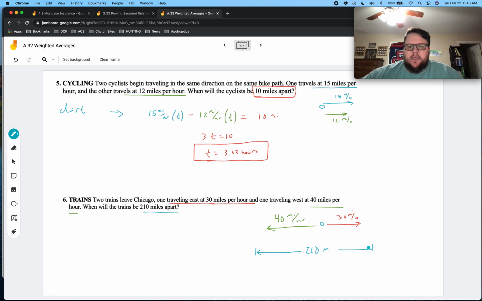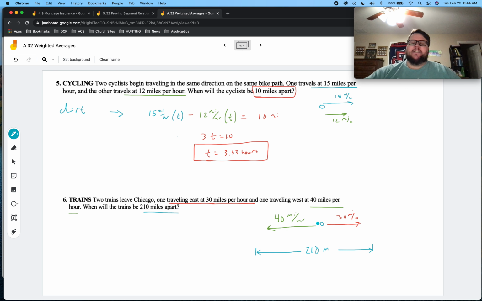So this is very similar to the previous problem, but a little bit different in the fact that they're going in opposite directions. So we're not subtracting their rates, we're adding them, because every hour they're getting further and further apart rather than going in the same direction.